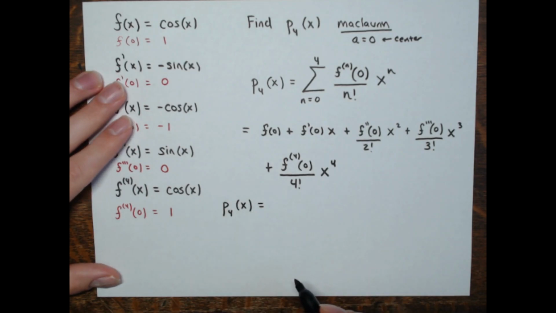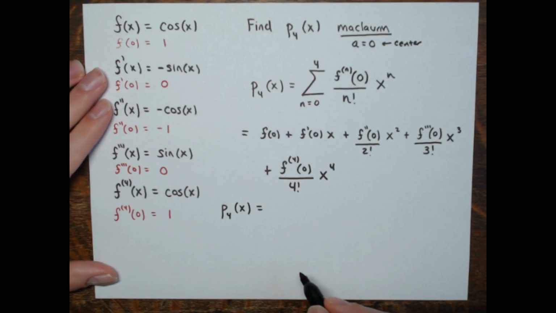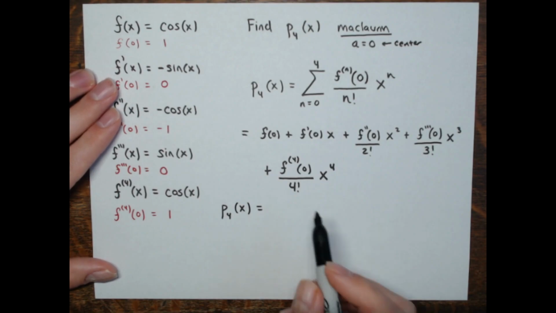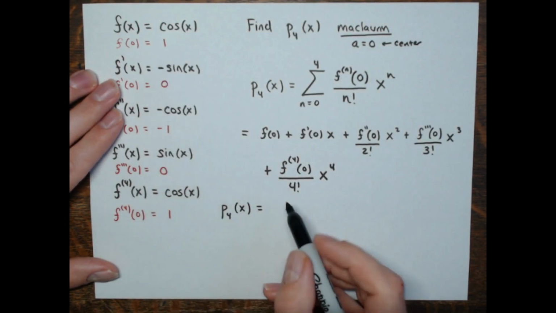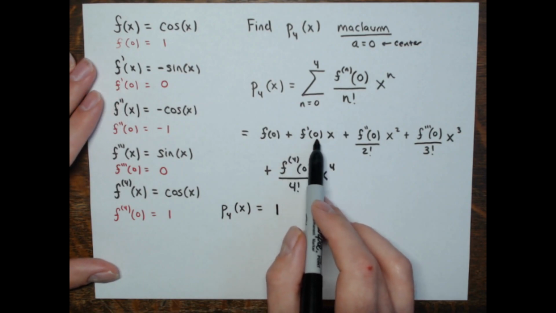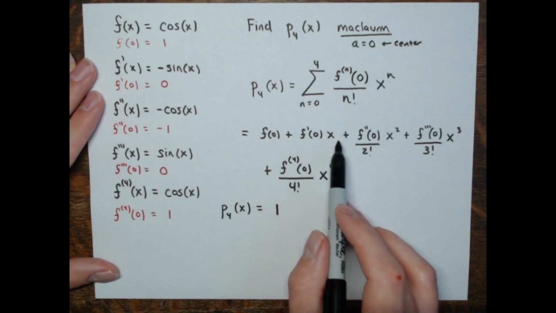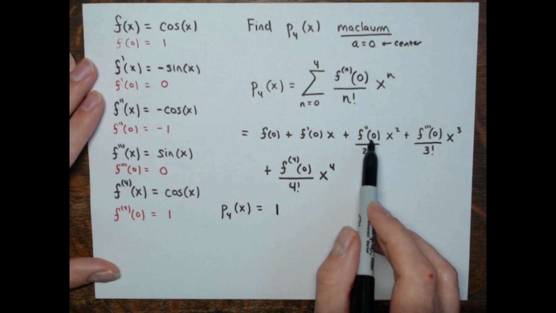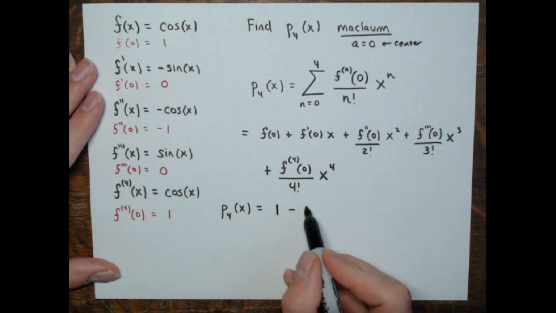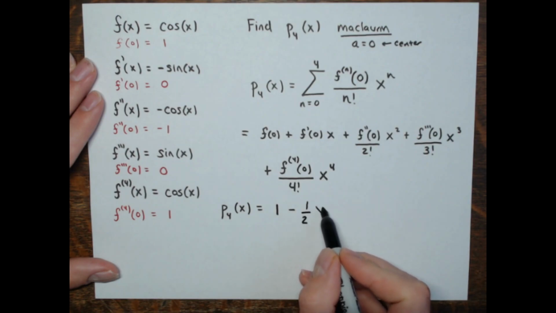So P4, the fourth Maclaurin polynomial, that we'll use to approximate our cosine value, is f of 0, so 1, plus f prime at 0 was 0, so this is gone, plus the second derivative at 0 is negative 1, so this would be negative 1 over 2 factorial, so minus a half x squared.